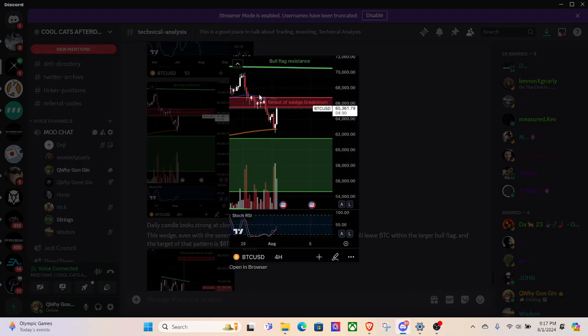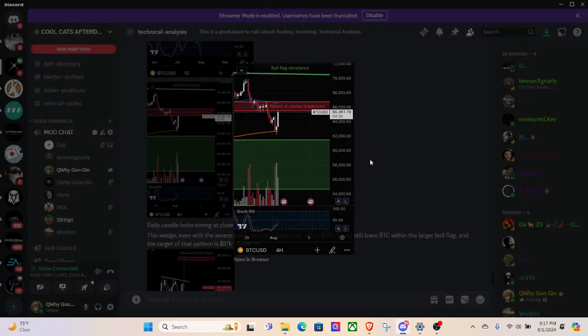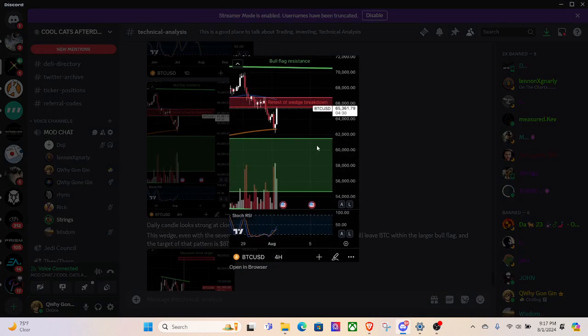Yes, the blue line is the 50 SMA on the 4 hour chart, and the orange one is the 200. Those are standard tools for analyzing based off of moving averages.